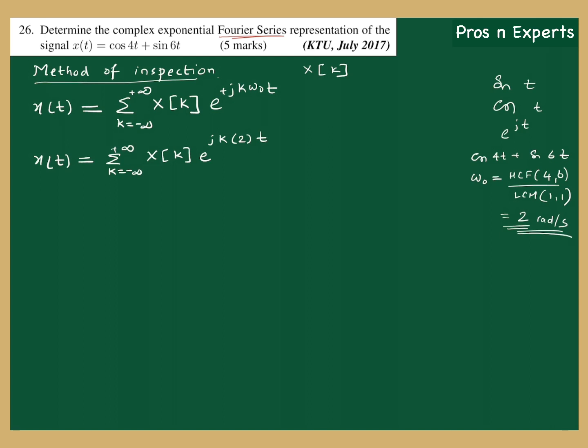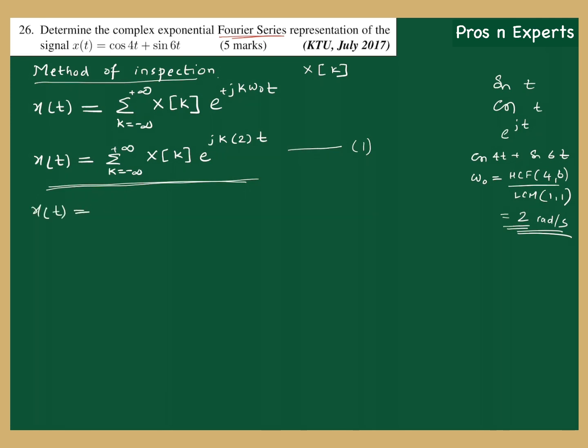Let me denote this as equation number 1. What equation 1 tells me is that you can express the signal given in the question in this format, and this is a universal format given by the Fourier series expansion.